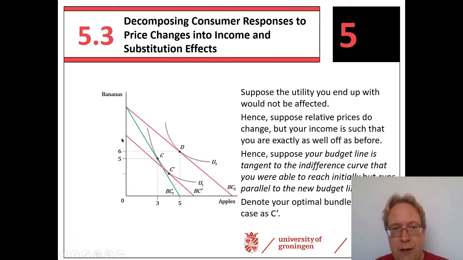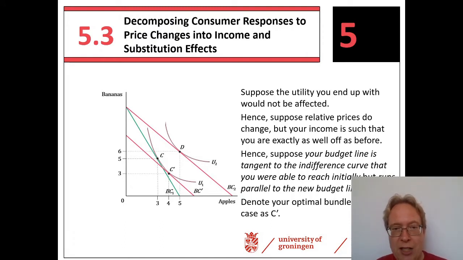If this was the relevant situation before, then you would have consumed C prime, which happens to be 4 in this case. So the move from C to C prime, or in the case of apple consumption, your increase in consumption from 3 to 4, that's exactly the substitution effect.